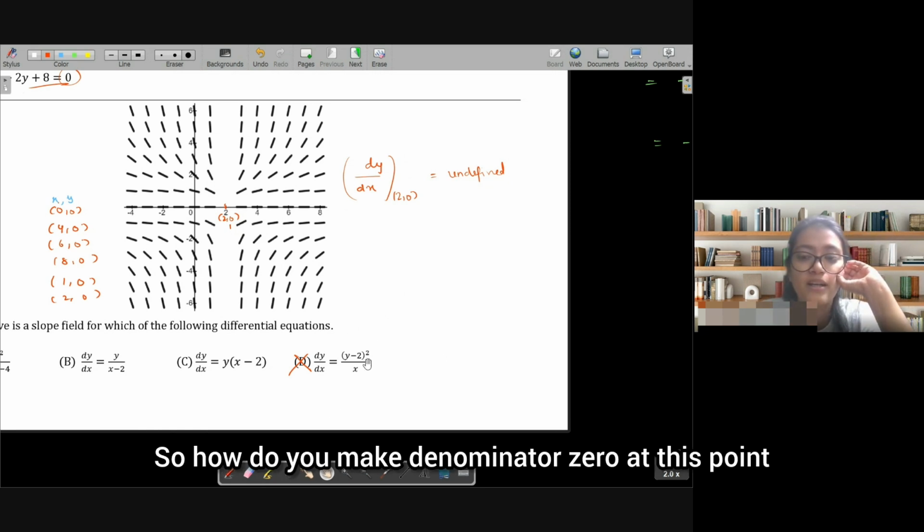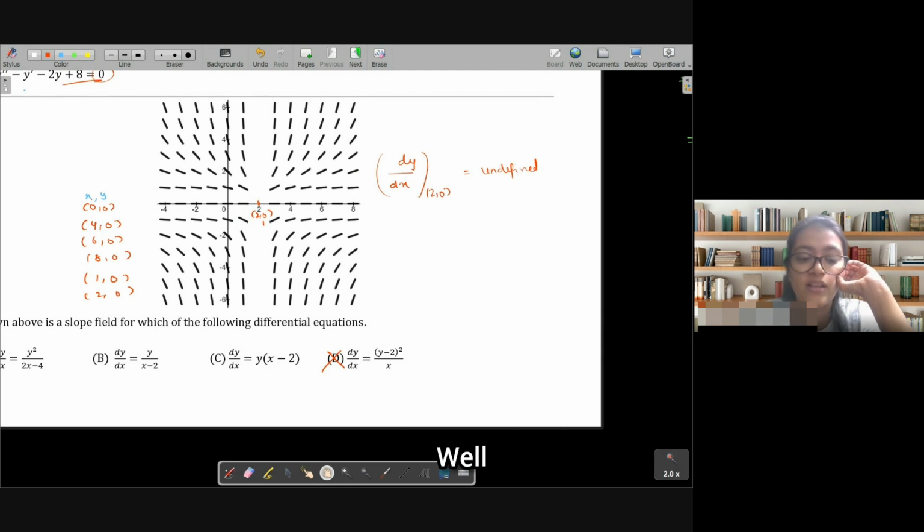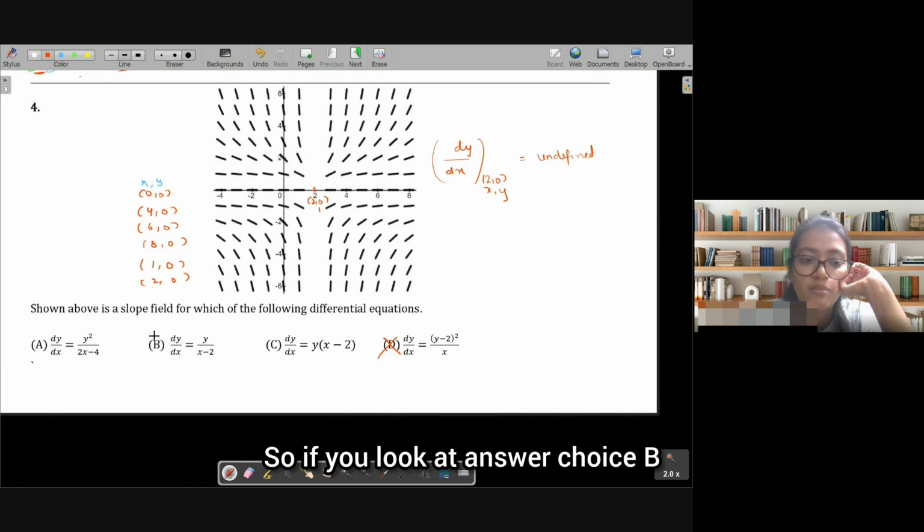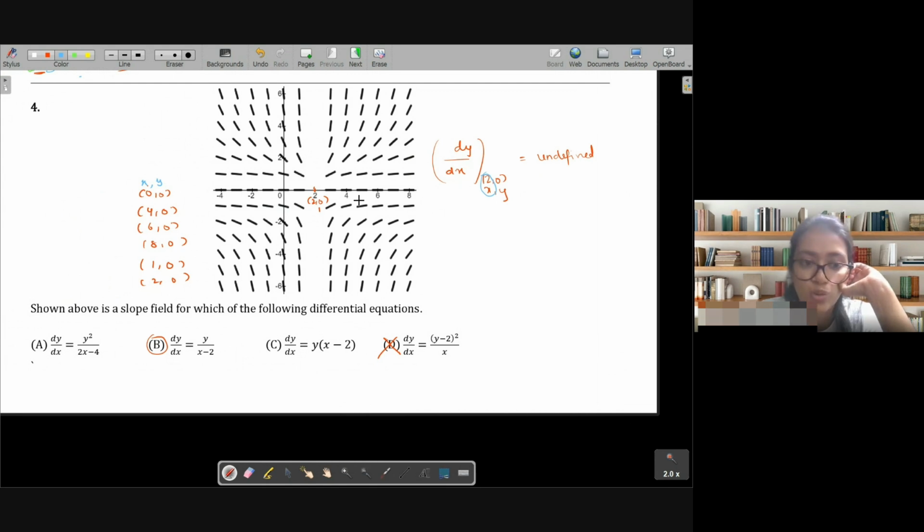So how do you make the denominator 0 at this point? Well, this point is x, this point is y. So if you look at answer choice B, if you put x equals 2 in the denominator, this will be 2 minus 2, 0. So the denominator becomes 0, right?